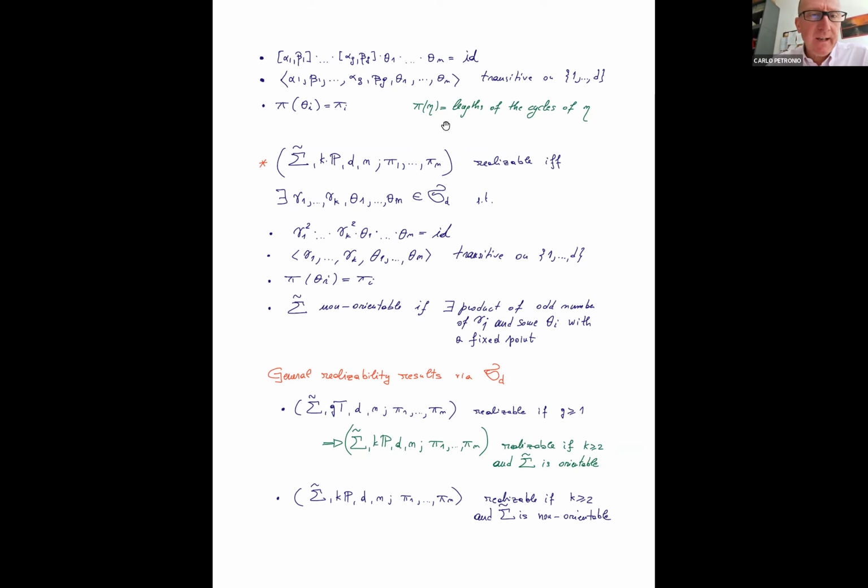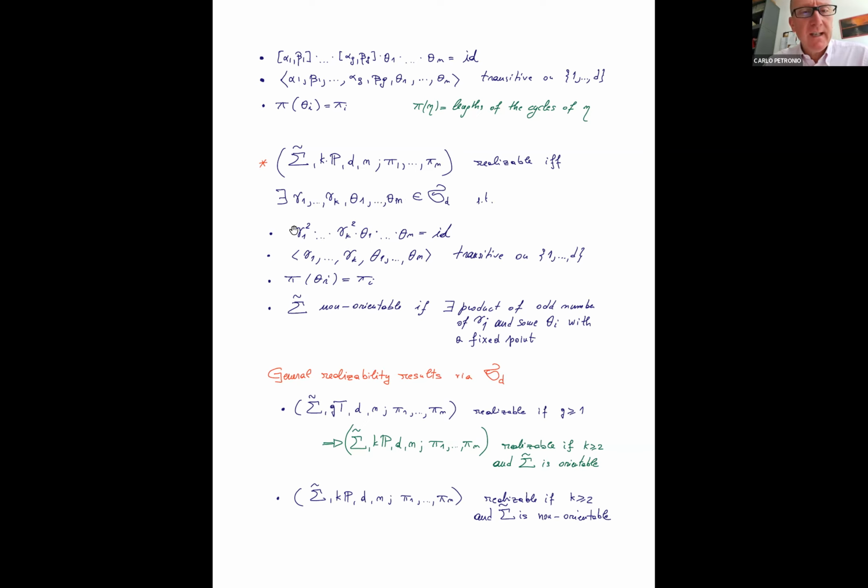So this is the orientable version. The non-orientable one is similar. If you have a base surface of cross-cap number K, non-orientable, then a candidate datum is realizable if and only if there are permutations of the D elements, gamma 1 through gamma K, coming from the topology of the base surface, and the others from the punctures.